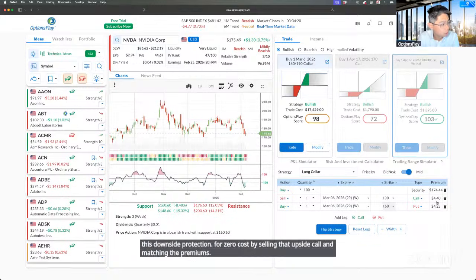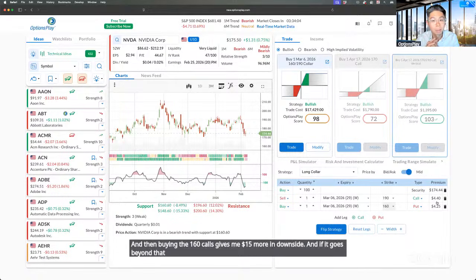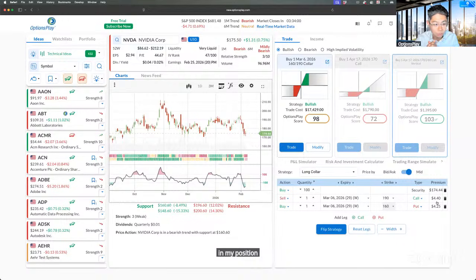So when the stock's trading at 175, selling that 190 call gives me $15 in upside, and then buying the 160 puts gives me $15 more in downside. And if it goes beyond that $15, I'm essentially hedged in my position from further downside.